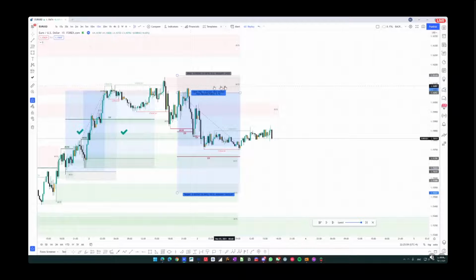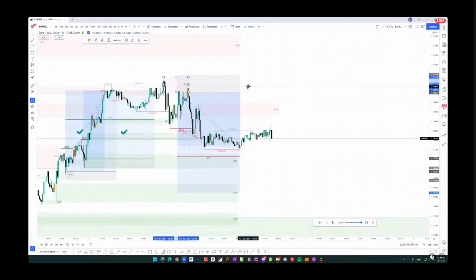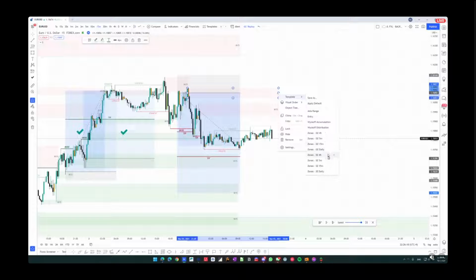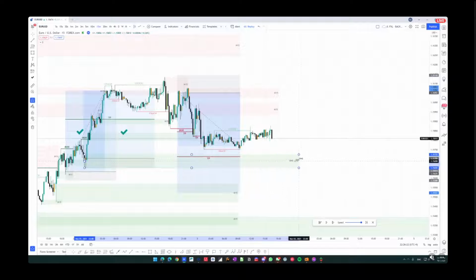This supply is not fully mitigated, but we have another supply that was created here. Let's watch this one. We have two supply zones now. At the top, we still have our demand zones at the bottom, several of them.